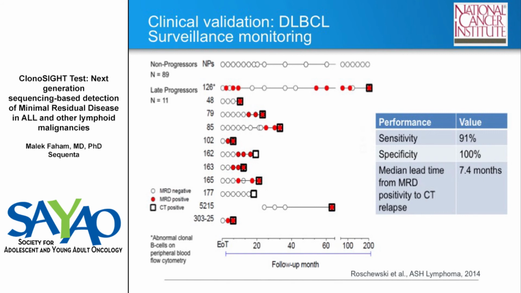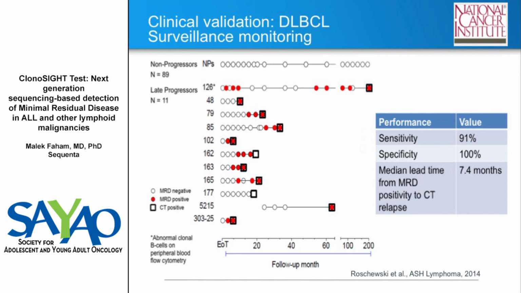They are in CR, and they get CT scans in a regular fashion, and each circle is a time that they get the MRD test, but every time they get an MRD test, they also have a CT scan. So all those white circles are also accompanied by a CT scan that's negative. And the square is when the patient relapsed based on clinical symptoms and a positive CT scan.